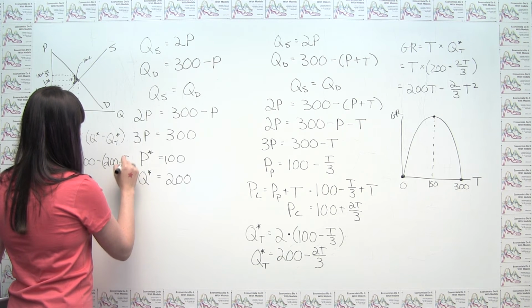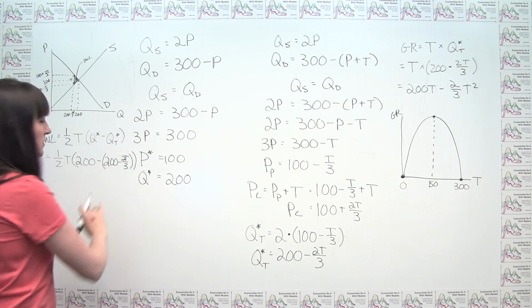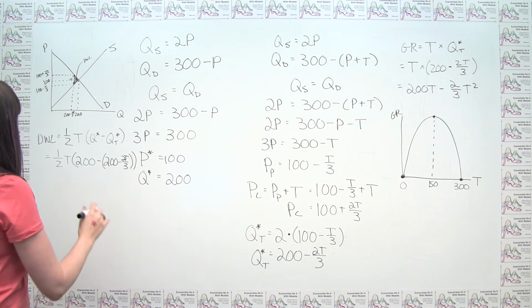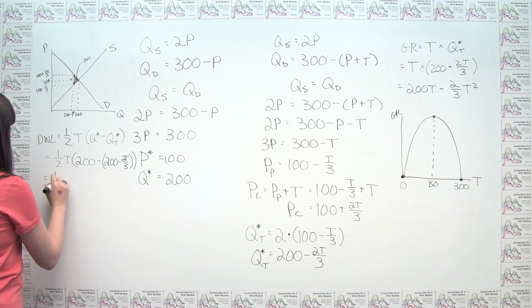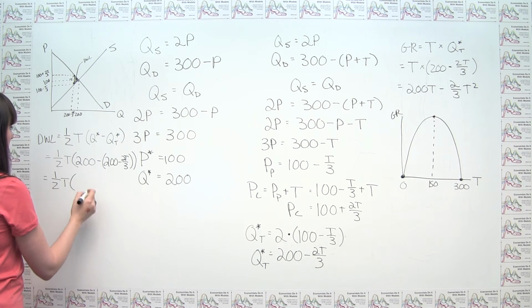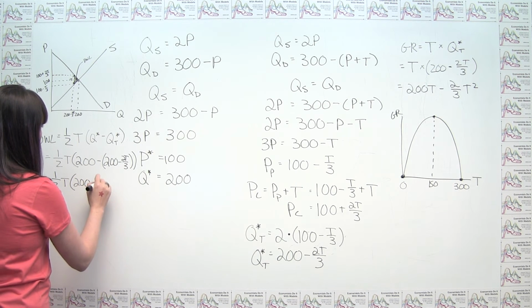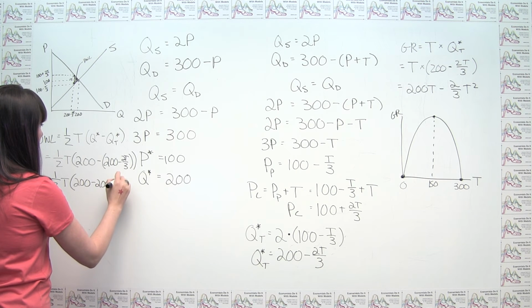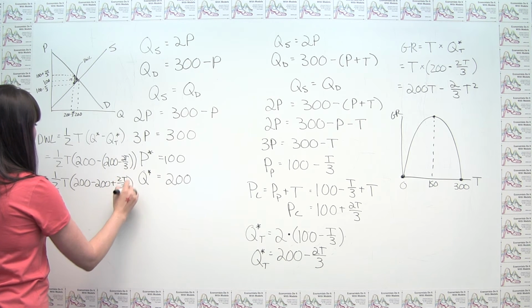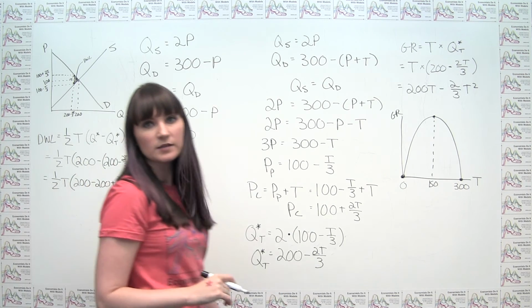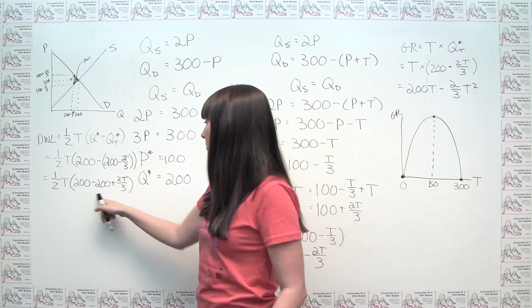And we get something like this, right? So again, doing some simple arithmetic, we would get 1/2 T times 200 minus 200 plus 2T over 3. So what we see here is that the 200s just cancel out.